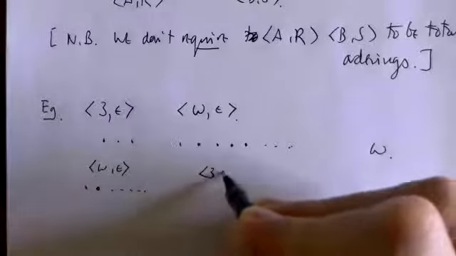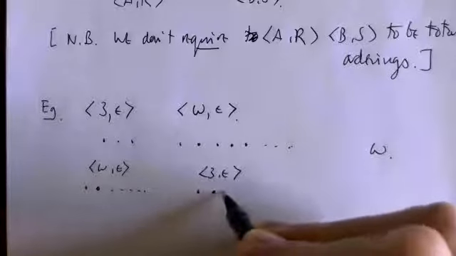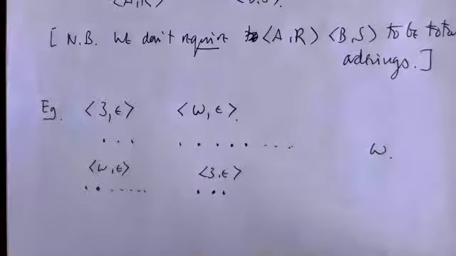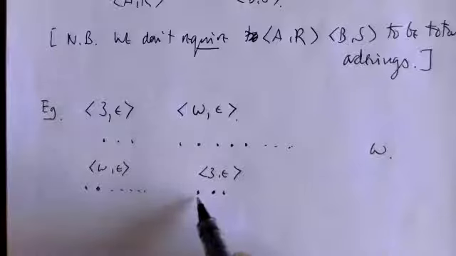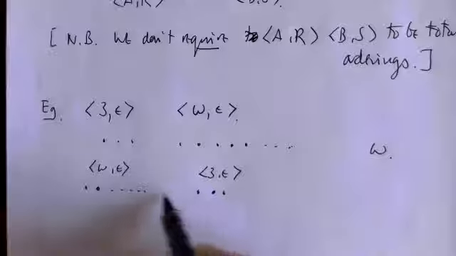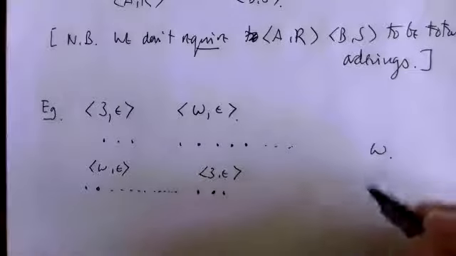and then follow it by 3, you get an entirely different picture, because this dot has no immediate predecessor. From this first omega here, they're increasing, and then it's just followed by 3 at the end. So these are going to be different.